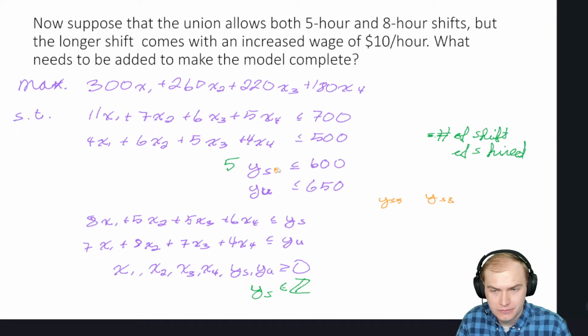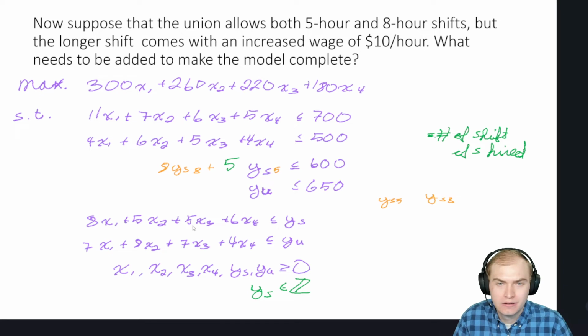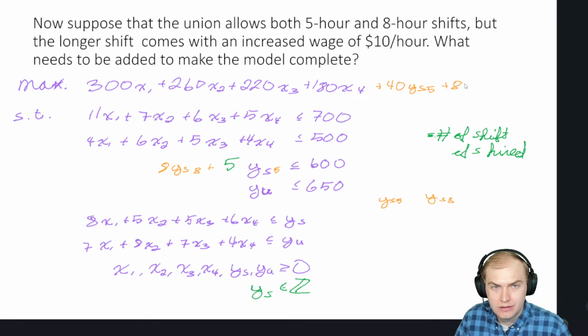So stick with the 5ys5, but we also want to include 8ys8 in this constraint. And I deleted part of the objective function, but that's not a big deal. We still have plus 40ys5, but we're going to have a new 80ys8.